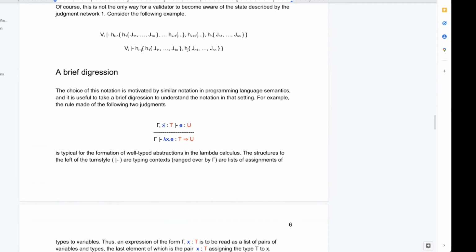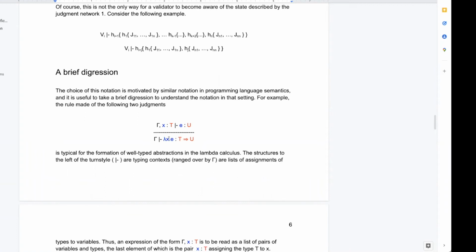So using these assumptions, we can establish that the term e, some lambda term, is of type u. Given this judgment, where we have x called out in this typing context, we can get rid of x from the typing context and put it into the lambda abstraction, so it becomes the formal argument to this lambda expression, lambda x dot e, and that type is going to be t to u.